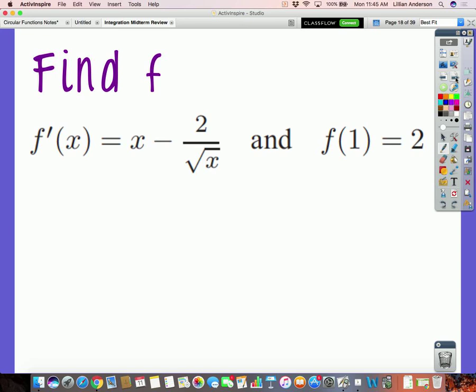So that's what I want you guys to do on your boards. I want you to find the derivative, not the derivative, the antiderivative of the function. Sorry if I said derivative, I meant antiderivative. So find that now.